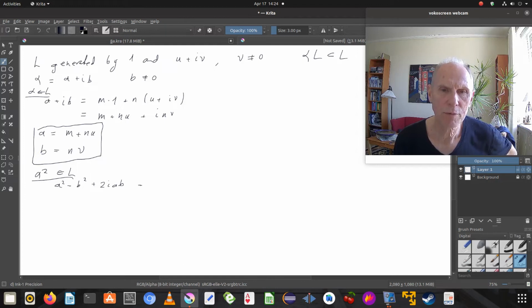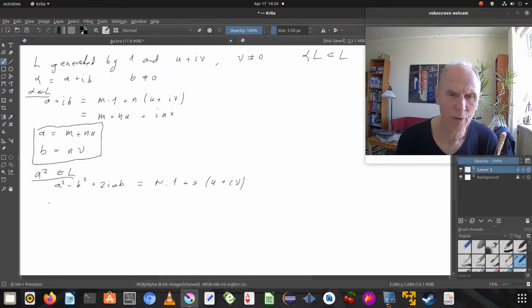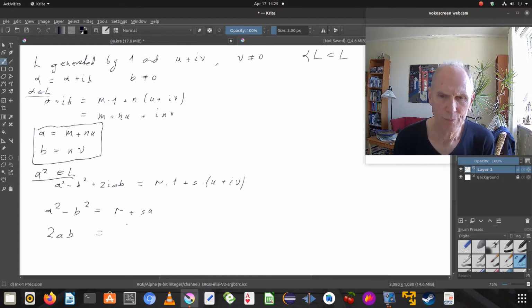So that can be written r times unity plus s times u plus i nu, giving a squared minus b squared equals r plus su, and 2ab equals s times nu.